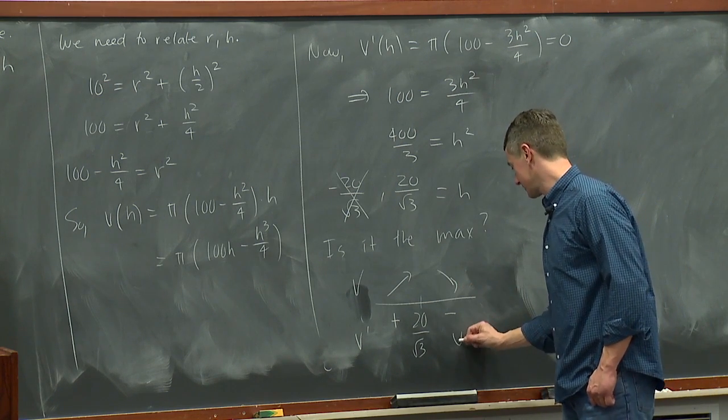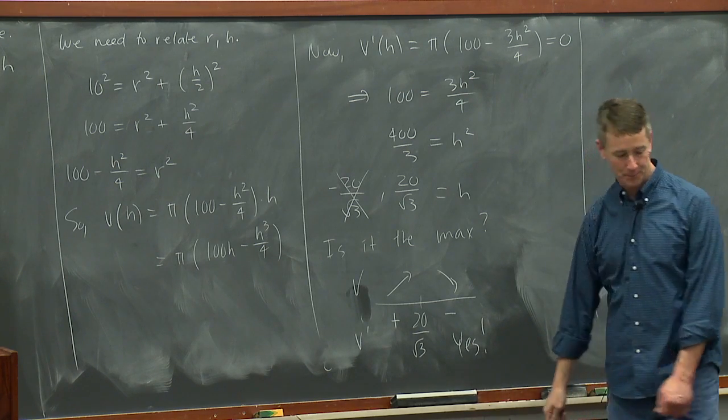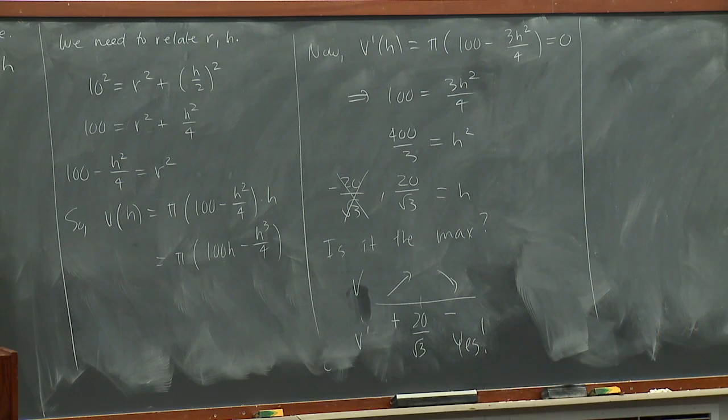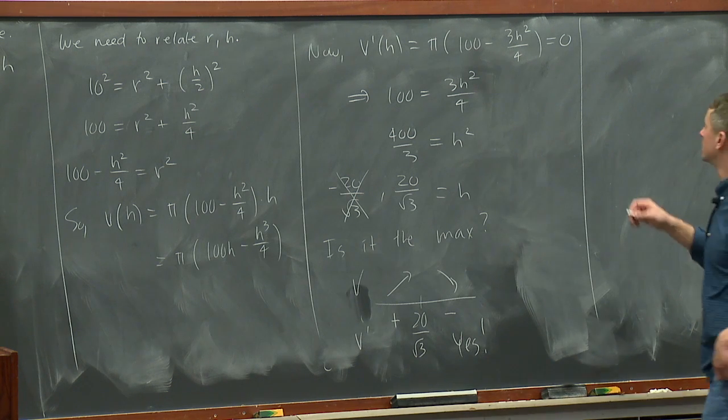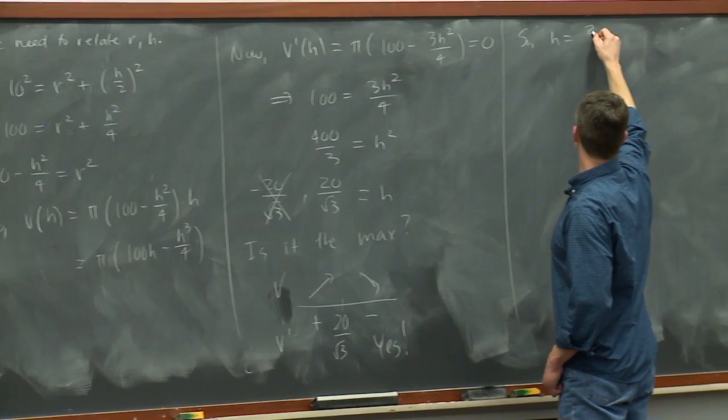So yes, it is the max. And have we fully answered the question? No, because it asked us for the what? Dimensions. So h equals what we just found, 20 over the square root of 3.